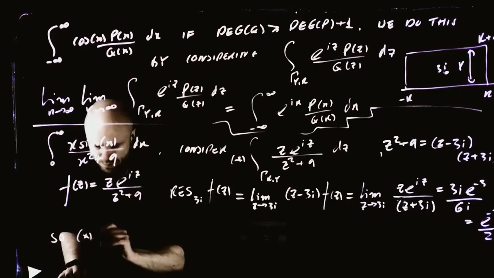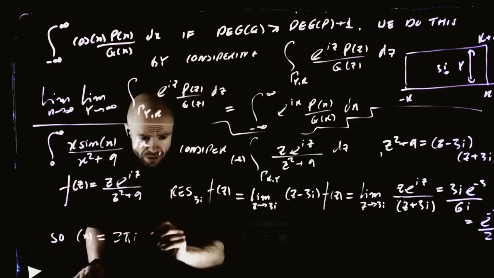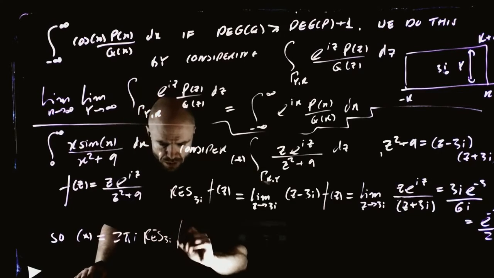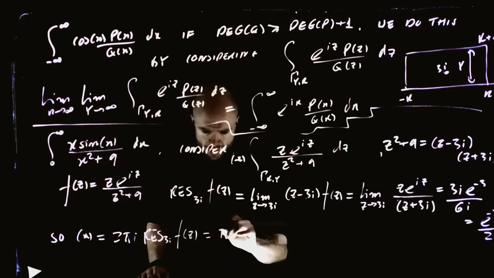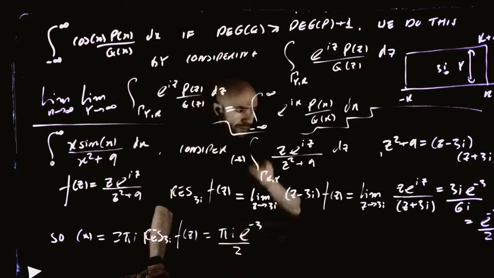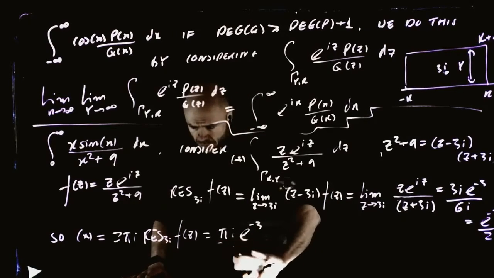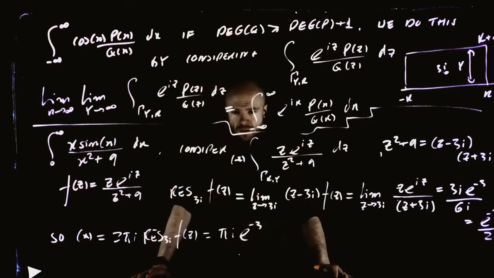So star is equal to 2 pi i times this residue at 3i of f of z, and we've calculated it, so this is just equal to pi i e to the minus 3 over 2. Is that right? No, it's not right, because the 2's cancel. It's just equal to pi i e to the minus 3.